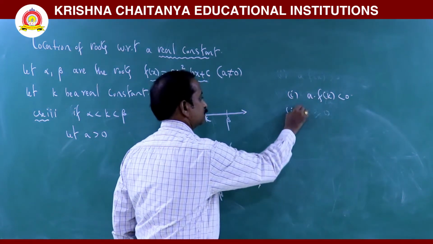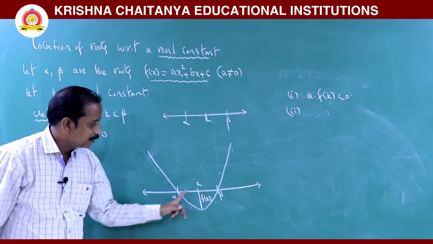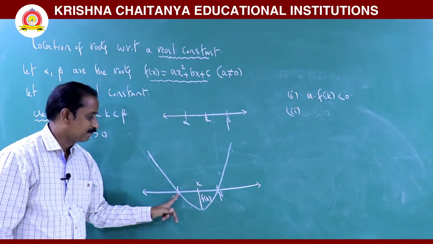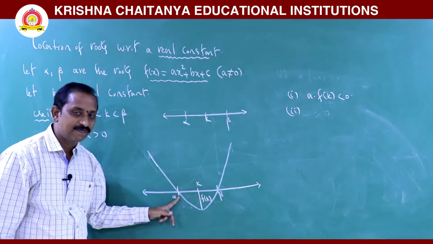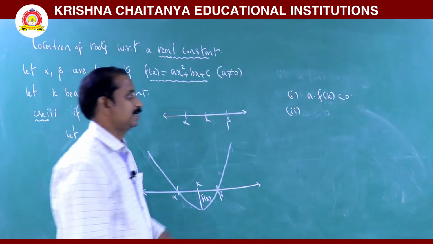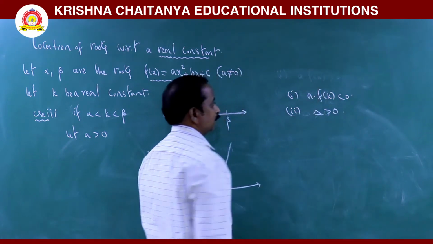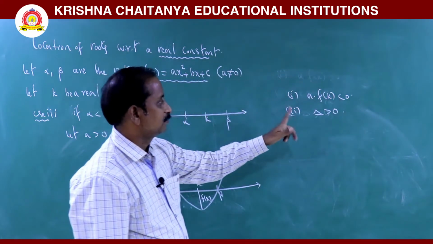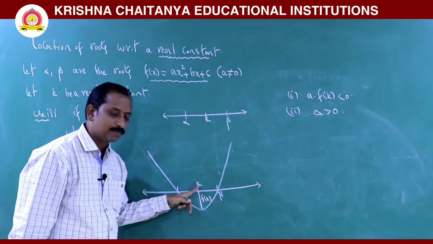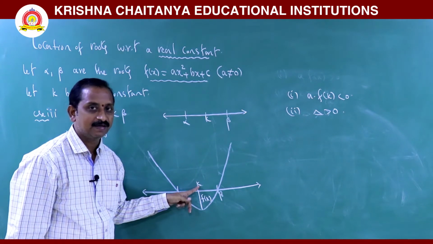Come to the second point. K lies between alpha and beta, here there is only one chance: if alpha and beta are different, means delta greater than 0. So a into f of k less than 0 and delta greater than 0. But we don't know the position of k here. That is depending upon the given constant.